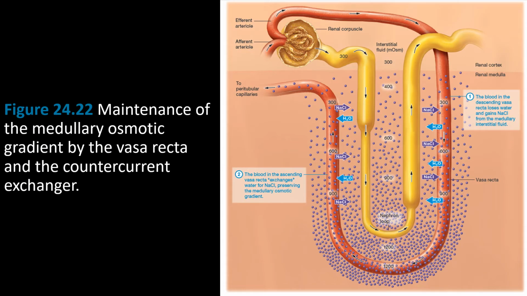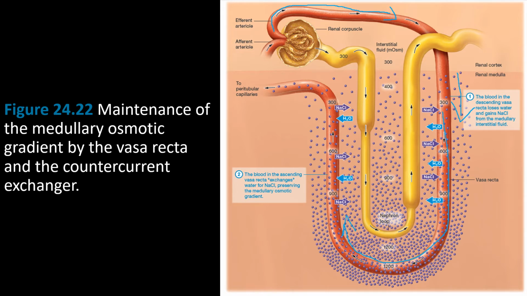And so here's how you can see this countercurrent exchanger working with the descending limb of the vasa recta and the ascending limb of the vasa recta. So first you start with the descending limb. You see coming off of the efferent arteriole here, we follow it, and it eventually becomes the descending limb of the vasa recta. And the descending vasa recta is going to lose water and gain sodium chloride as it encounters this medullary interstitial fluid. This is going to continue as it progresses down and around the loop.